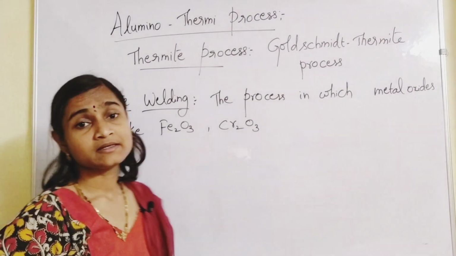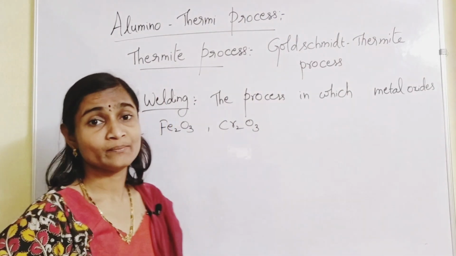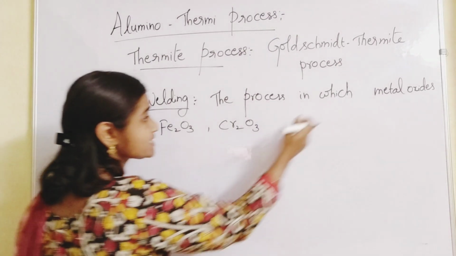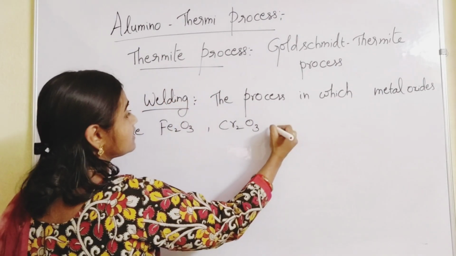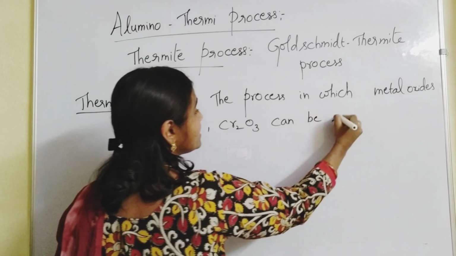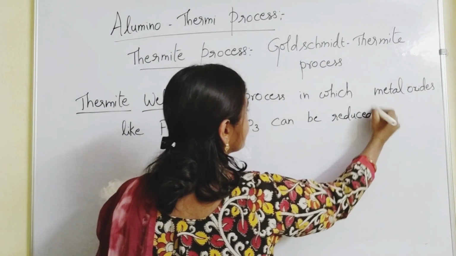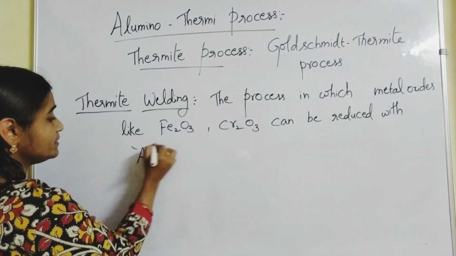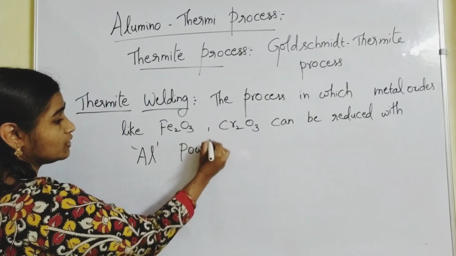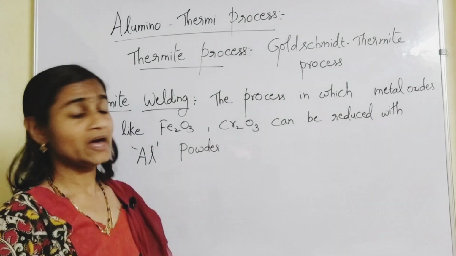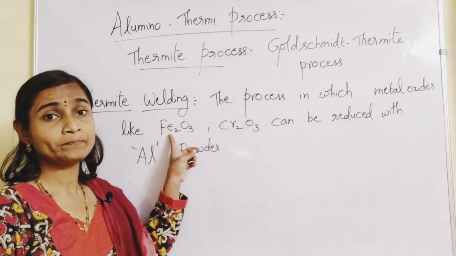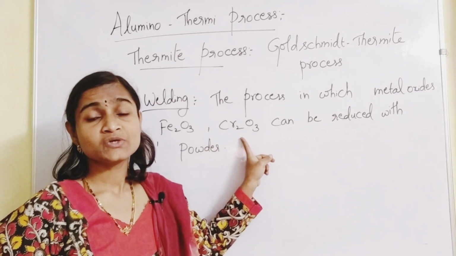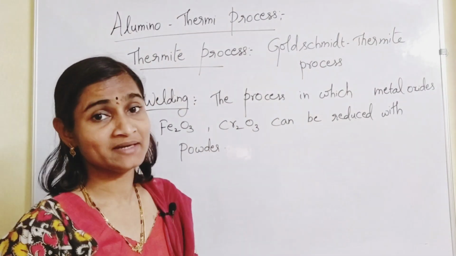This is hematite ore, you all know, right? Ores like these can be reduced with aluminium powder. Aluminium is more reactive than iron, isn't it? Even aluminium is more reactive than chromium. So what happens? Displacement will happen.